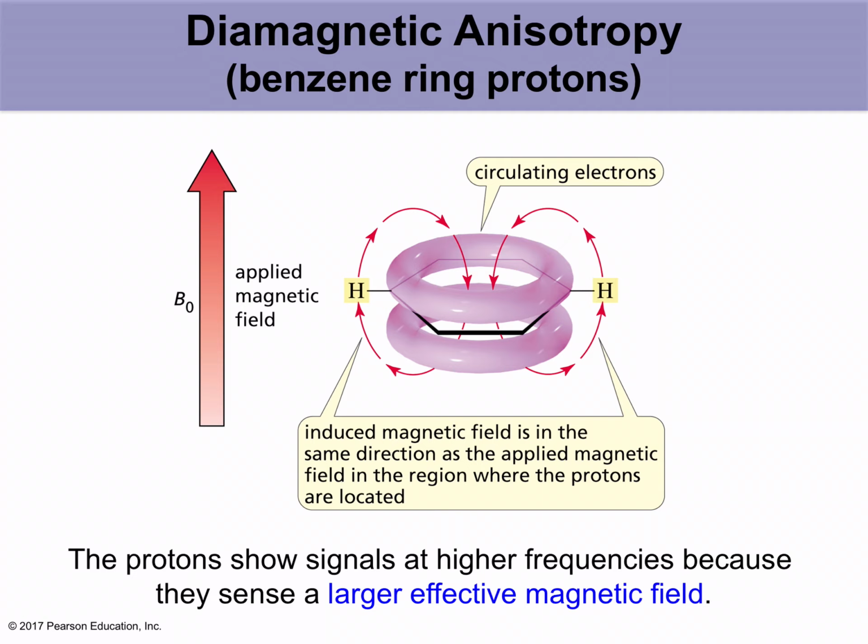So the protons show signals at higher frequencies than they would if the pi electrons did not induce a magnetic field. The pi electron field and the applied magnetic field align as a result. So the hydrogens are going to be more deshielded, and they feel more frequency and appear at a higher chemical shift.